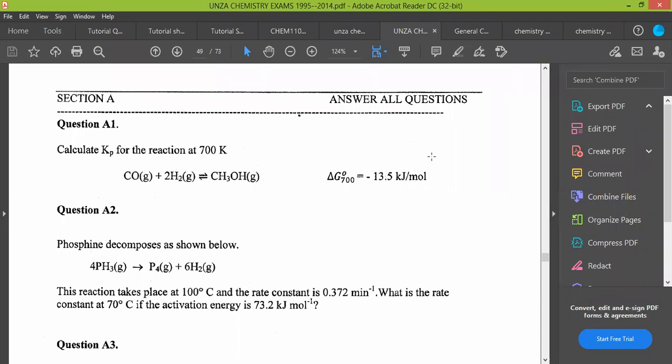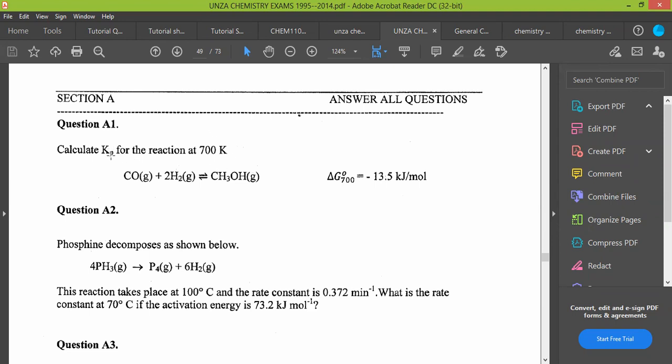You always use the concentration and not pressure. So you're going to use this expression to find Kc. After you've calculated Kc, you're going to use the Kc-Kp relationship to find Kp.